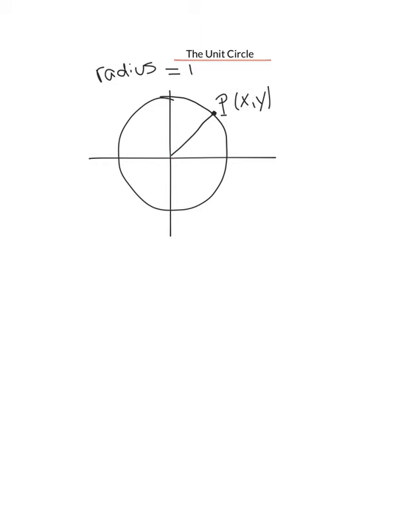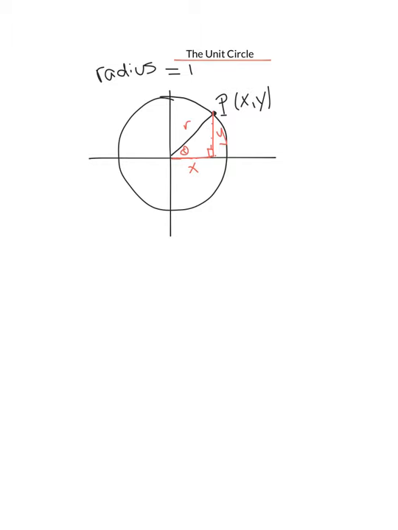So what I'm going to show you here is that if we make this triangle using this point P and our terminal arm, we have our theta here, and we know that this distance is x and this distance is y. When I'm taking a look at what types of formulas I can create from this, I'm going to add an r in here for my radius, which we know is 1.